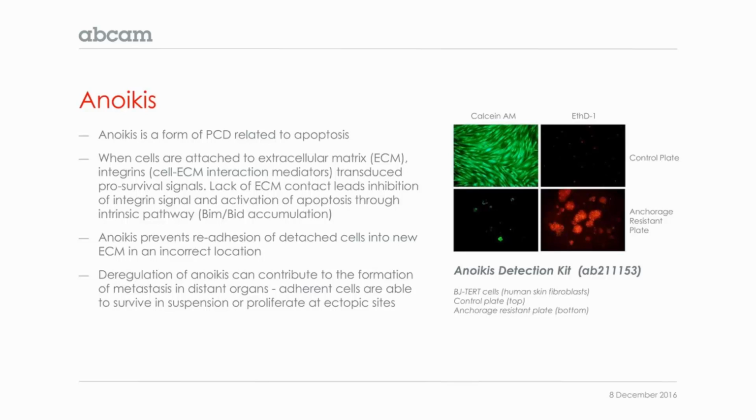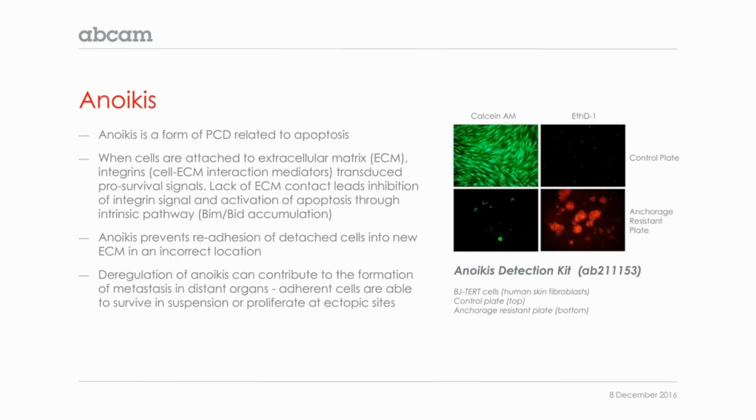One easy way to assess whether cells are dying by Anoikis is by assessing cell viability using an anchorage resistant plate. Here you can see how BJ-hTERT cells are able to grow on a normal plate, in the top section of the image. You can see on the top left side the live cells stained with calcein, which is a live dye.